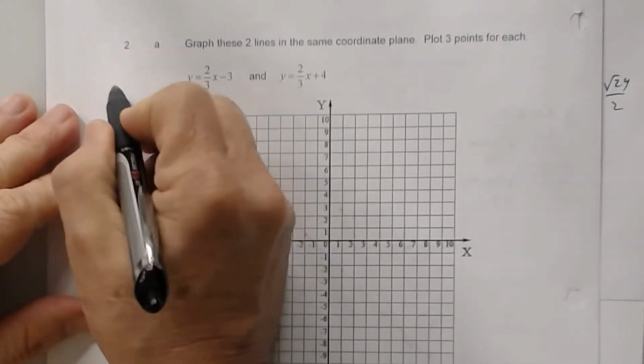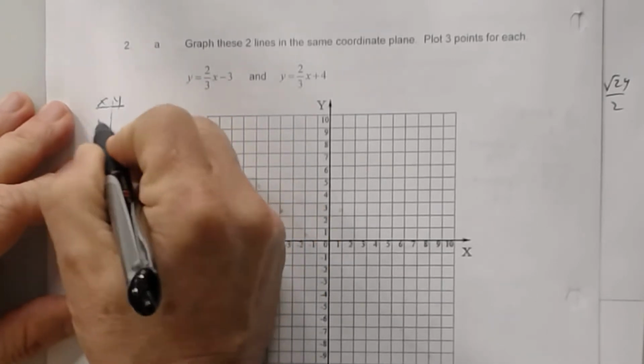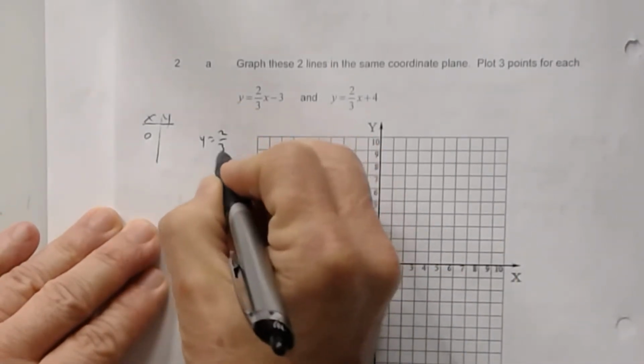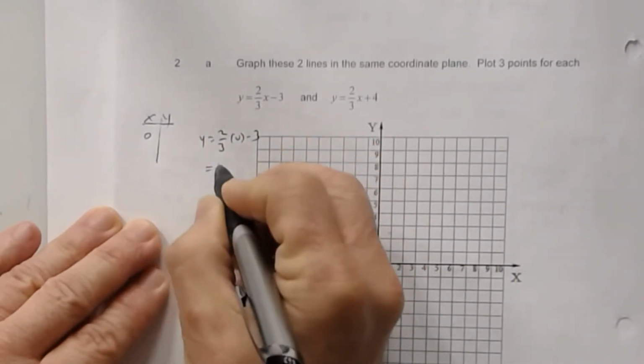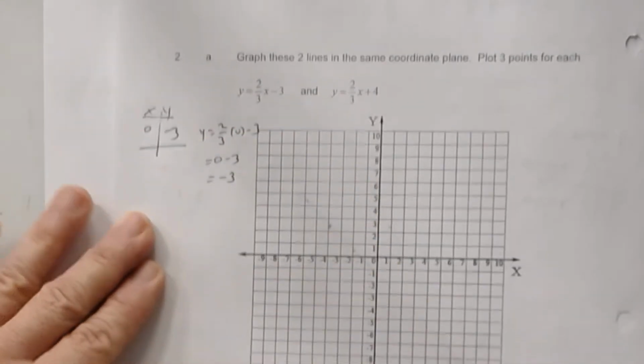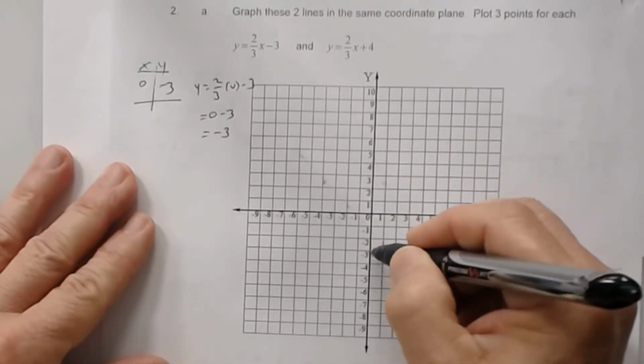3. So if I look at the first one, if x is 0, I get y equals 2/3 times 0 minus 3. So that's 0 minus 3, which is what? -3. So I'm going to plot the point 0, -3. So that's here.